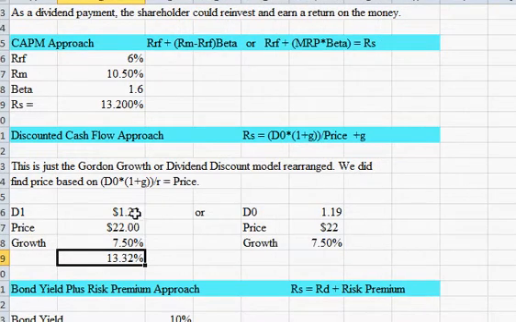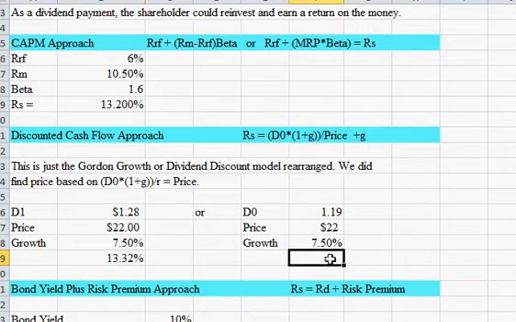If the dividend is, I'm sorry, the most recently paid one, or D0, then we just take the formula, we take the D0 times 1 plus the growth rate, so 1.075 divided by the price, and then we add to that the growth.